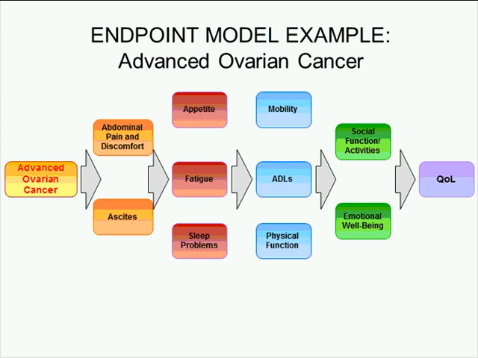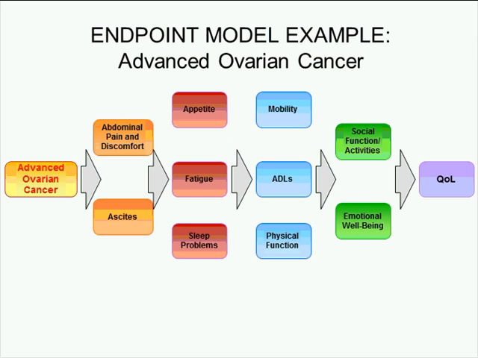And let's also imagine that in that advanced ovarian cancer box on the left, we're also talking about some kind of treatment, say intraperitoneal versus intravenous chemotherapy for advanced ovarian cancer. Now, we might expect very proximal to that intervention, either one of those interventions for ovarian cancer, that there would be some experience of abdominal pain and discomfort and ascites that could be caused by the disease and ideally relieved by treatment.